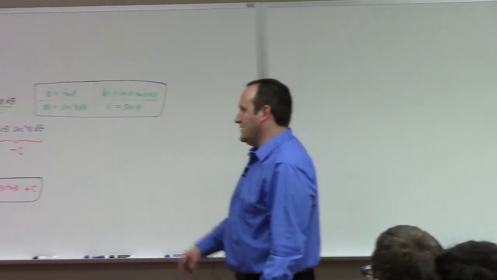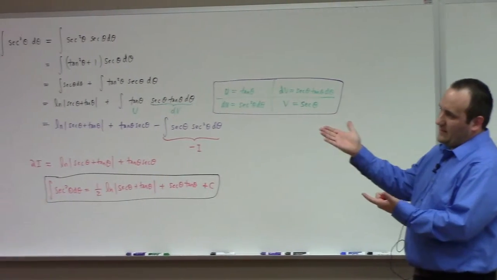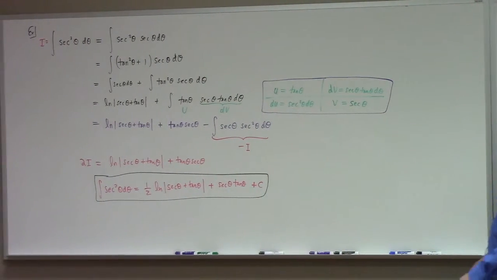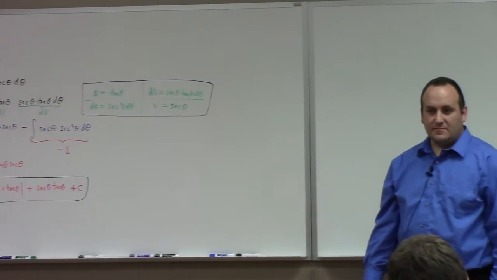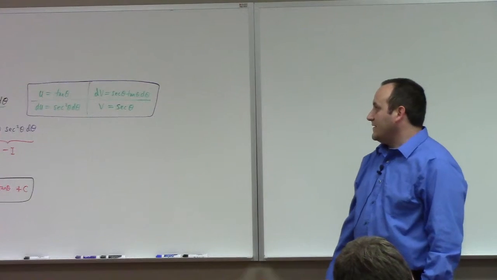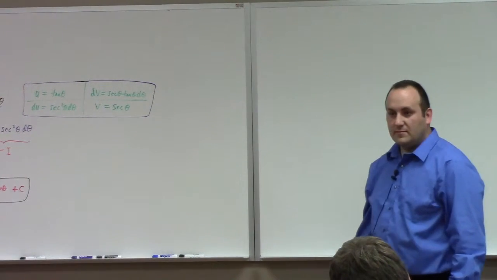I changed the secant squared to tangent squared theta, which is kind of a reasonable step given how the other ones work, right? But then the thought that I should do integration by parts like that, you know, the first time I did this calculation, it took me a while to come to that conclusion, all right? I'm just telling you, I think this is a harder problem.